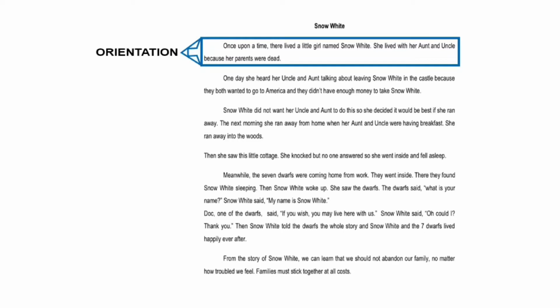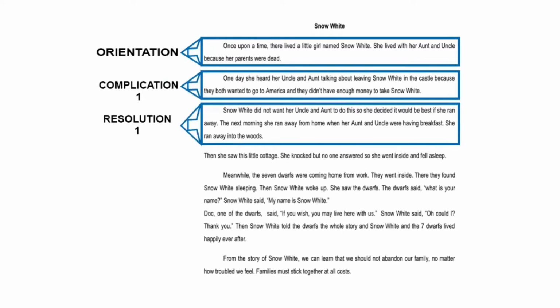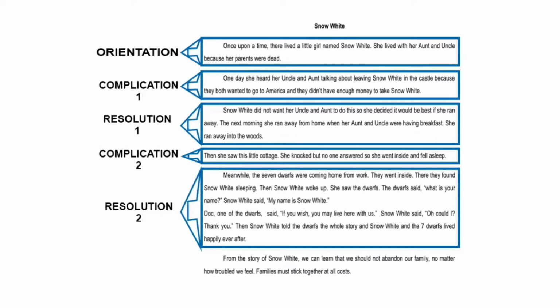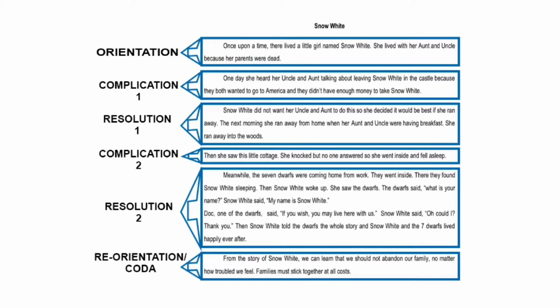Yes, the second paragraph is complication 1, and the third paragraph is the resolution to complication 1, so it's called resolution 1. Similarly, the next two paragraphs are complication 2 and resolution 2, respectively. And the last paragraph is the reorientation or coda that contains the moral of the story. Good job!